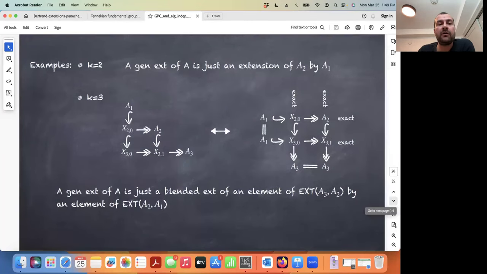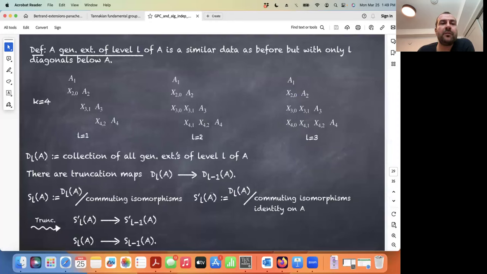Okay, now I want to talk about this level a little bit more, which I already alluded to. The generalized extension of level L in general means similar data as before, except that now it's the data of an incomplete diagram. If my level is 1, I'm just including these ones. Level 2, 2 diagonals below the A's, and so on and so forth.